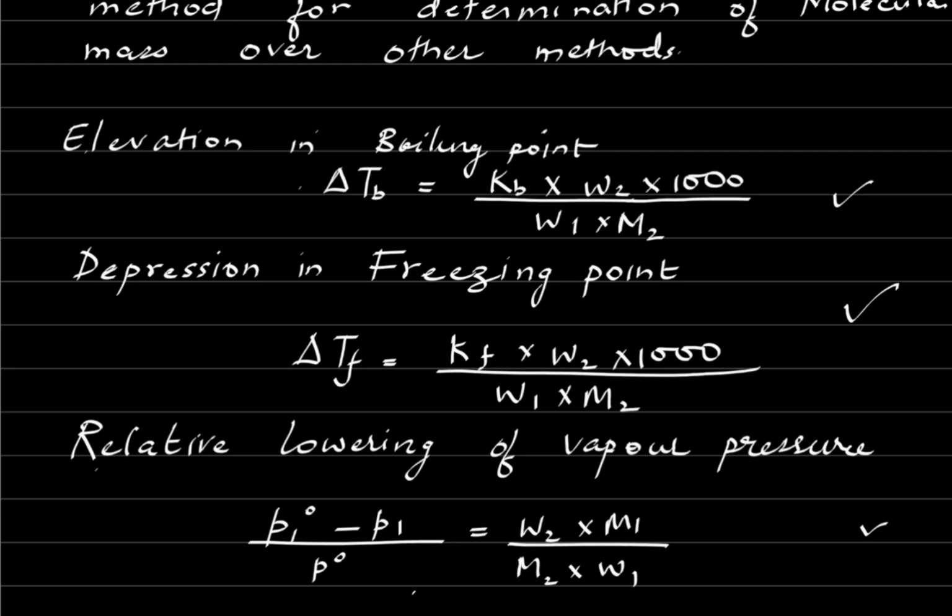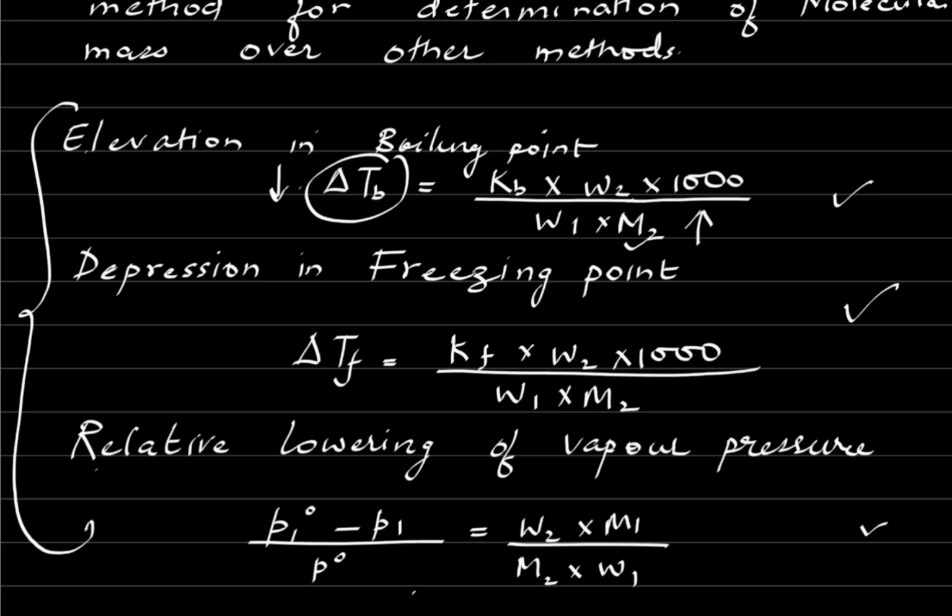As you can see, in all these methods, the property is indirectly proportional to molecular mass, which means in case of macromolecules where the mass is high, the value of the property becomes low.